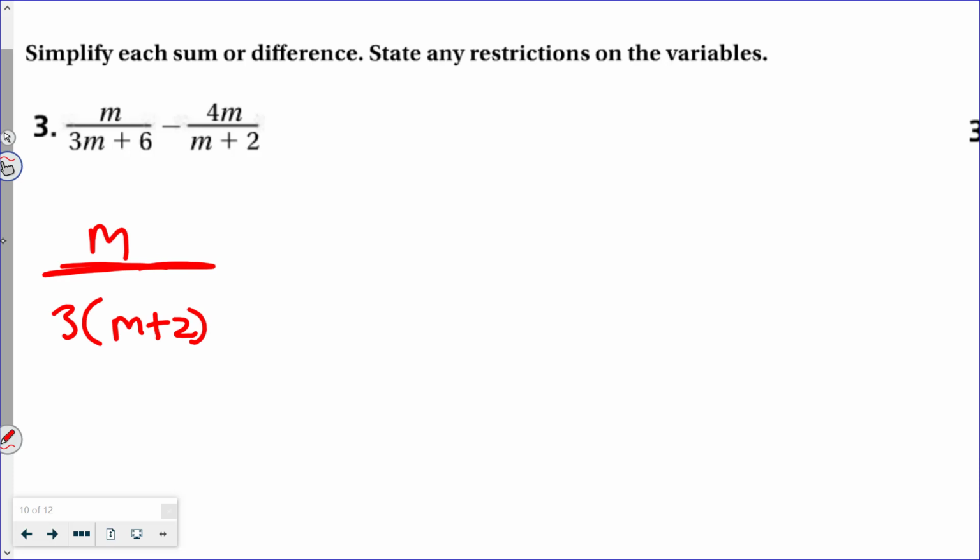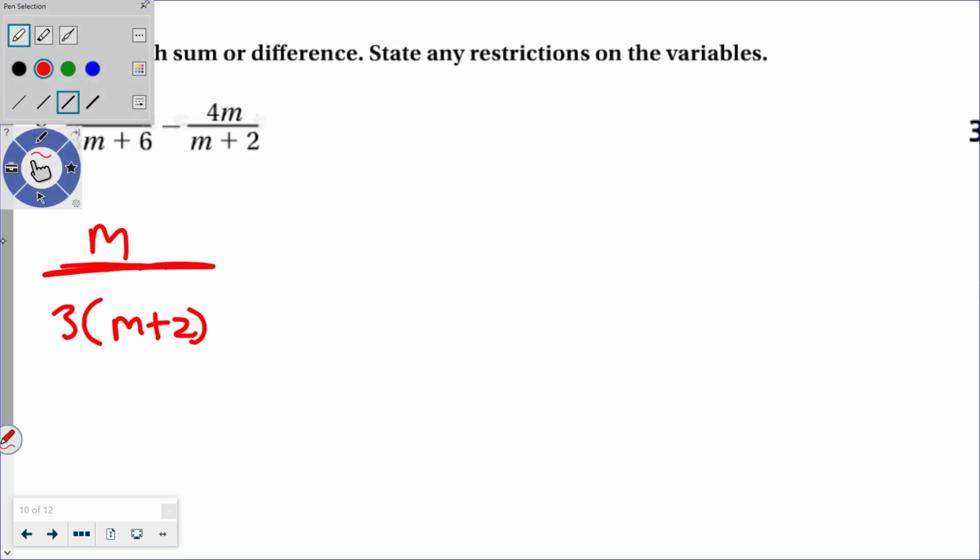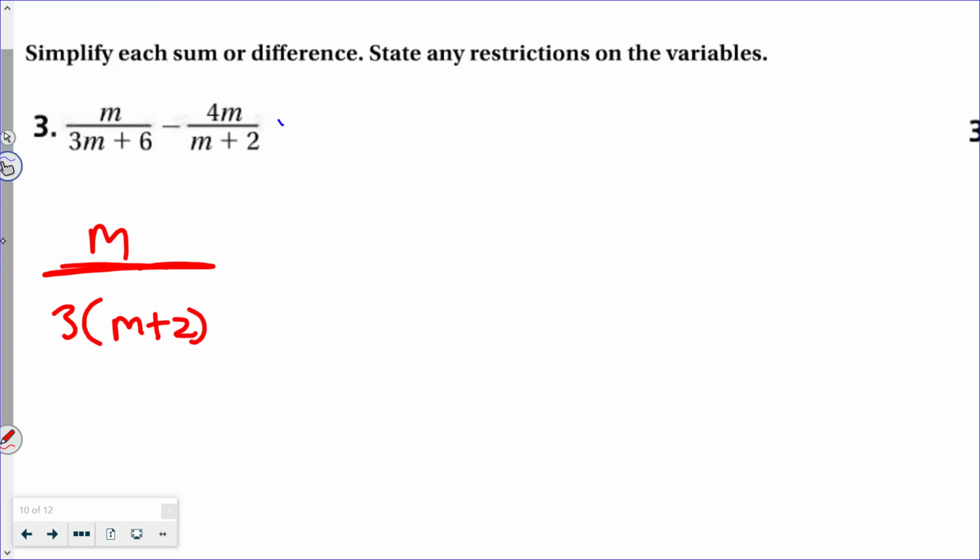But if you do get stuck, factor this denominator. And now that this is factored, you could easily see that they have an m plus 2 in common. The only thing missing here is that we need to multiply by 3. So if we multiply this by 3, we'll get 12m over 3 times m plus 2.